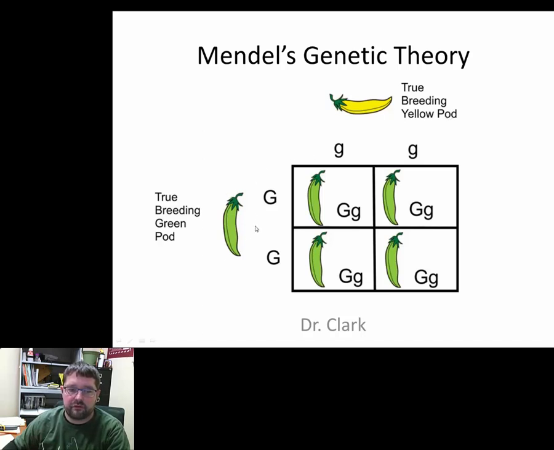And if this pod is the male, the sperm or the pollen from this individual would have the dominant green pod, which would give you this result: 4 offspring, or however many offspring they have, but basically 100% would be non-true breeding dominant for color. Okay? And we'll look at this in much greater detail as we progress throughout this lecture.